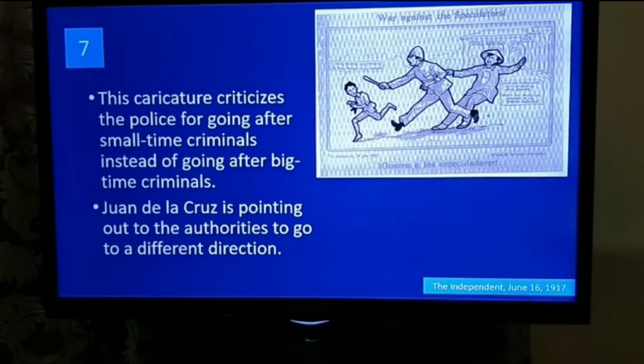Alleged killers, they say, who wear slippers or even barefooted. But the drug lords, the big drug lords, don't get arrested. That is the situation now and also in 1917. Okay, so we're learning a lot.